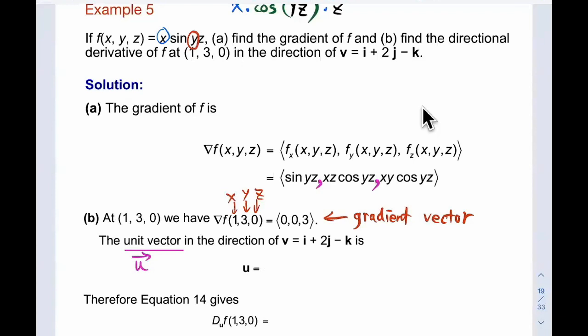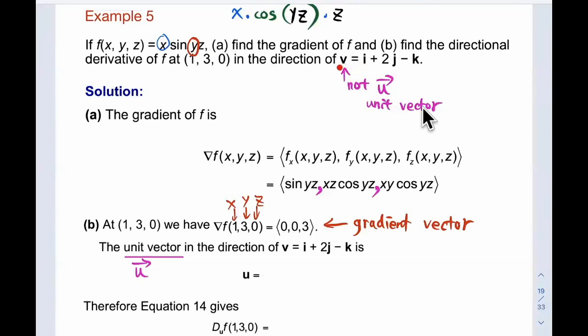This one here is not u; it's not the unit vector. It has to be a unit vector. Remember, what was the formula to find the directional derivative? We take the gradient and dot it with u. We found the gradient already. We just need to find u and use the gradient dotted with u. But this one here gives you the direction, but that's not the unit vector. How can I make this a unit vector?